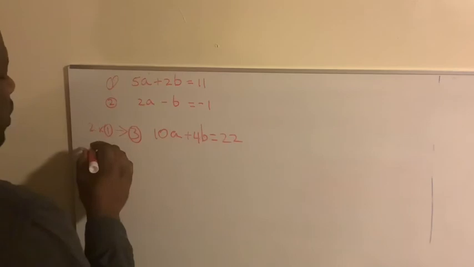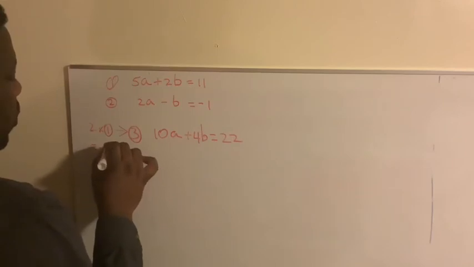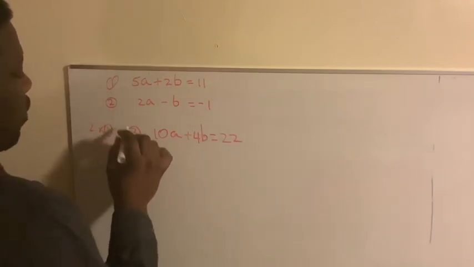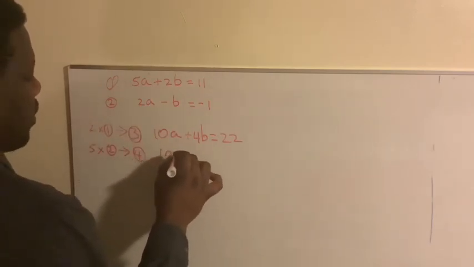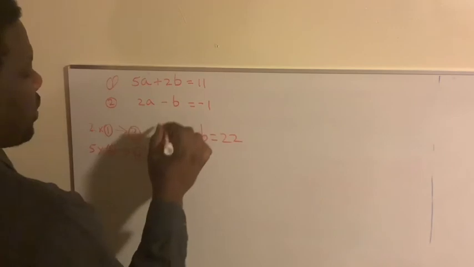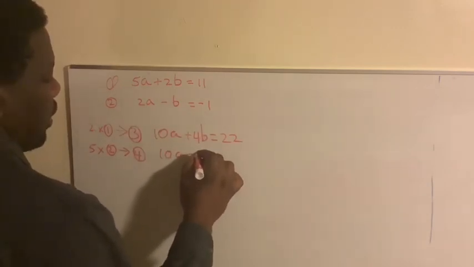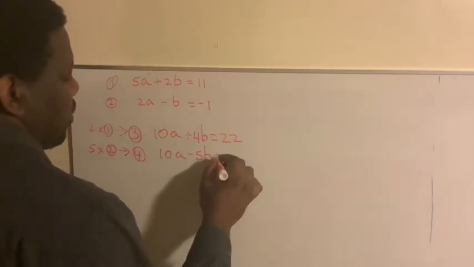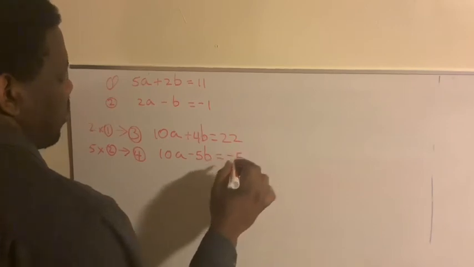Now we multiply 5 times equation 2, and we call this equation 4. 5 times 2a is 10a. 5 times negative b is negative 5b. 5 times negative 1 equals negative 5.